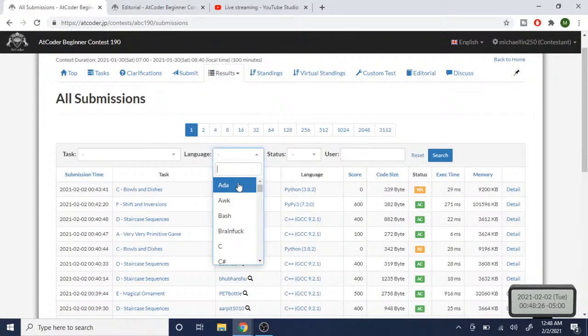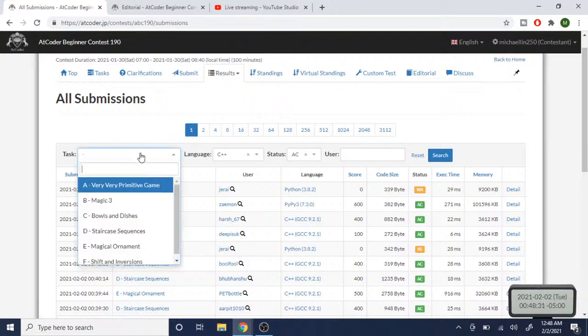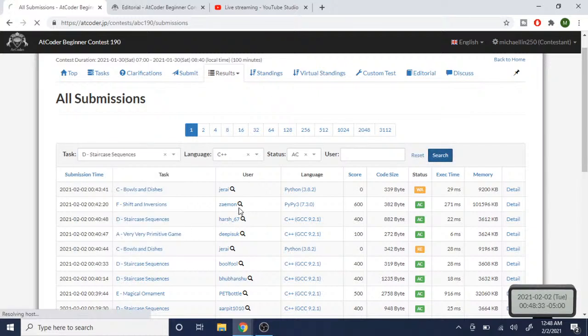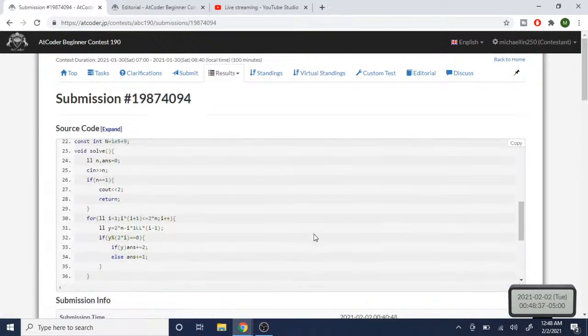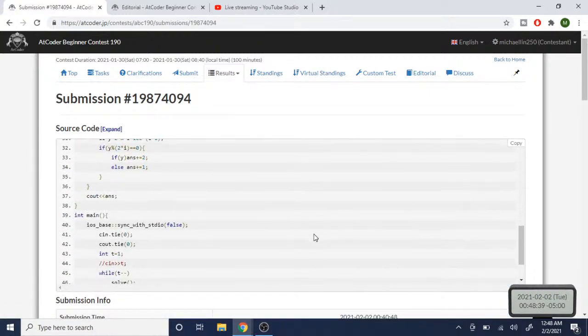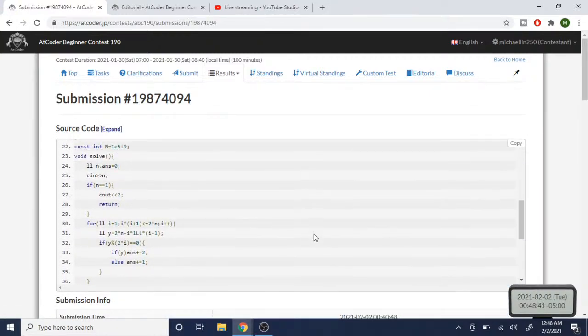Okay, let's look at other people's solutions. AC, let's look at D. Let's look at this guy's solution. Oh, wow. If it's 1, you print 2. Otherwise, you do i times i plus 1 less than or equal to 2n.